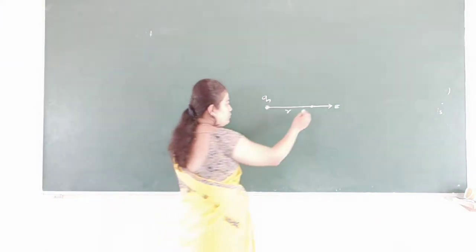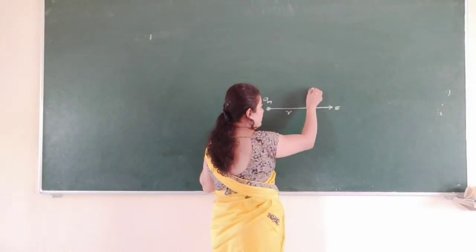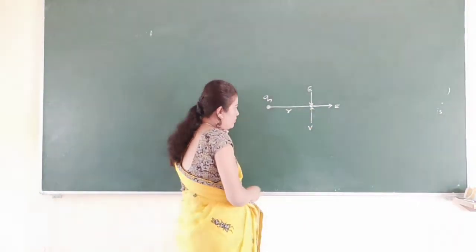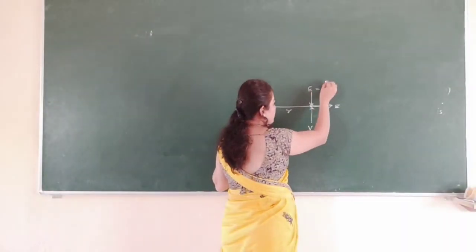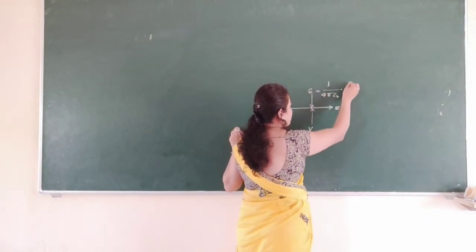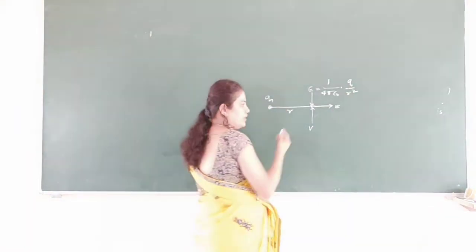At this point we want to write the expression for electric field as well as the expression for electric potential. So E equals 1 divided by 4 pi epsilon naught, Q divided by R square. Yes, we derived this.